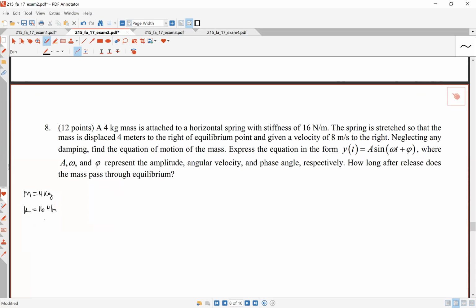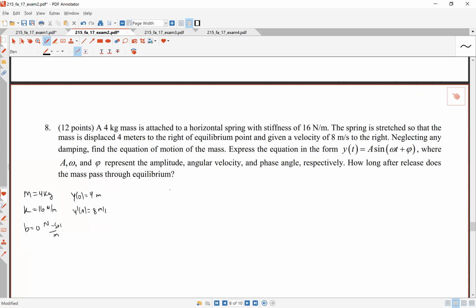The spring is stretched so that it is displaced 4 meters to the right and given an initial velocity of 8 meters per second to the right. Neglecting any damping, find the equation of motion of the mass.